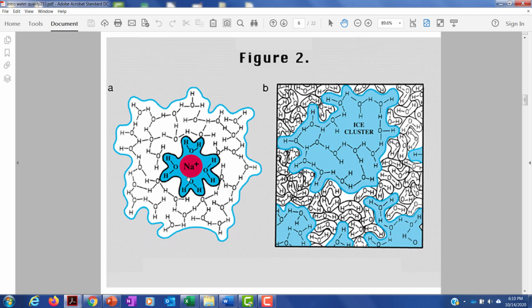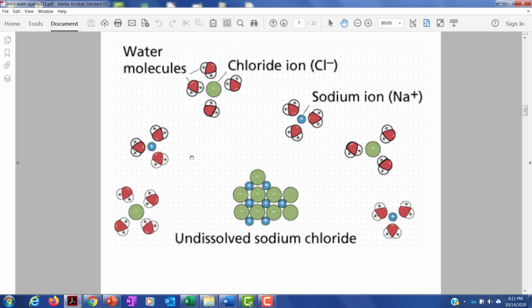Literally, what happens is the sodium gets surrounded by a couple of layers of water molecules very tightly stuck to it electrically. And then finally, about 8 or 10 layers of water molecules away, you get into kind of regular water. But this is what the sodium looks like when it's dissolved in water.